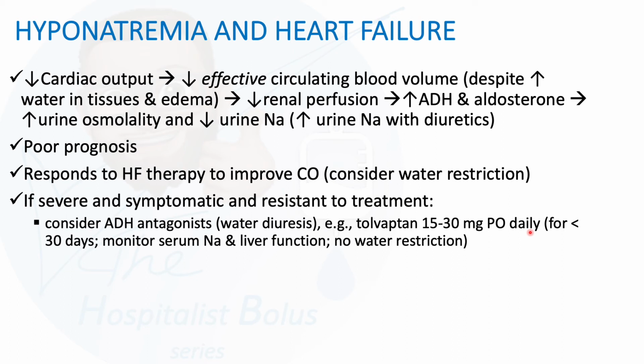But unfortunately, the advice is not to give this medication for more than a month because of the side effects, especially liver dysfunction. But also you have to monitor the serum sodium very closely, and you need to allow the patient to drink water, because otherwise your patient can develop hypernatremia really quickly, and this overcorrection can lead to ODS, like we discussed in the last video.